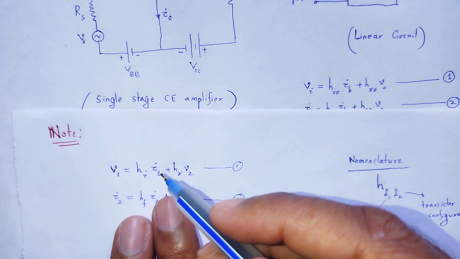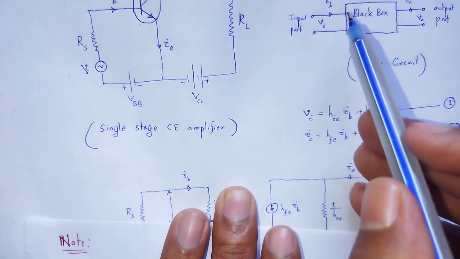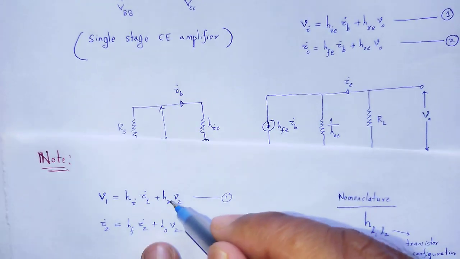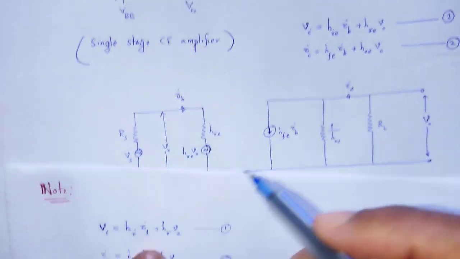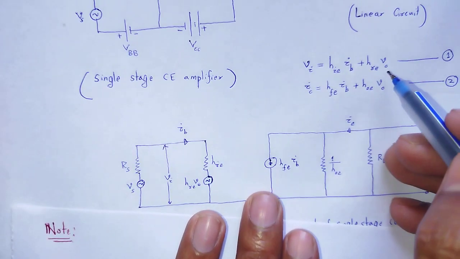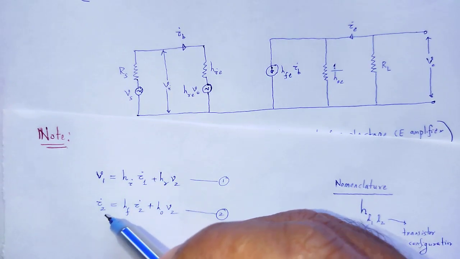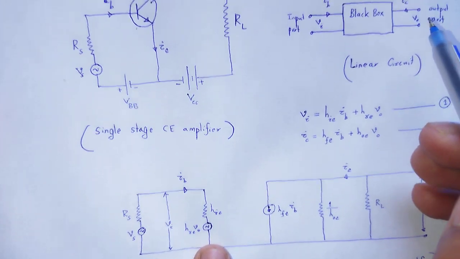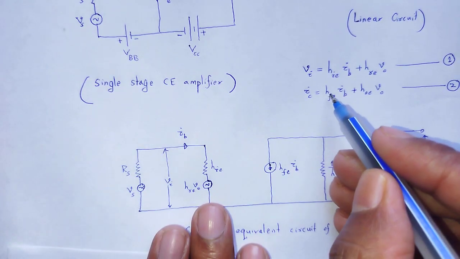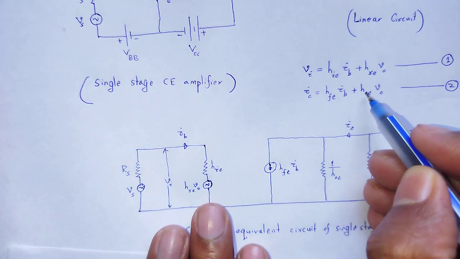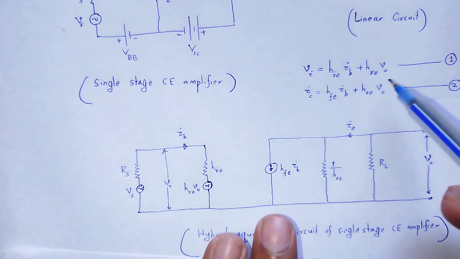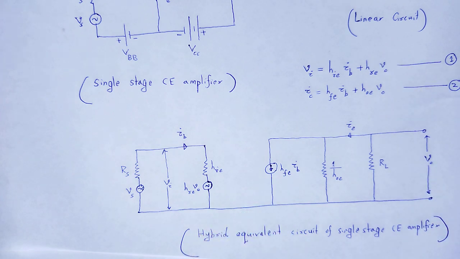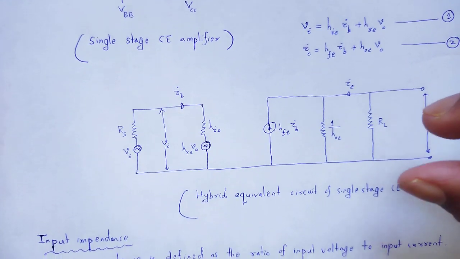Next, I1 here is the input current IB, plus HR, that is HRE for common emitter mode of operation, V2, here the output voltage VO. Next, output current IC is equal to HFE IB plus HOE VO. Now, two equations are written by using H parameter, and by using these two equations we can draw the equivalent circuit.